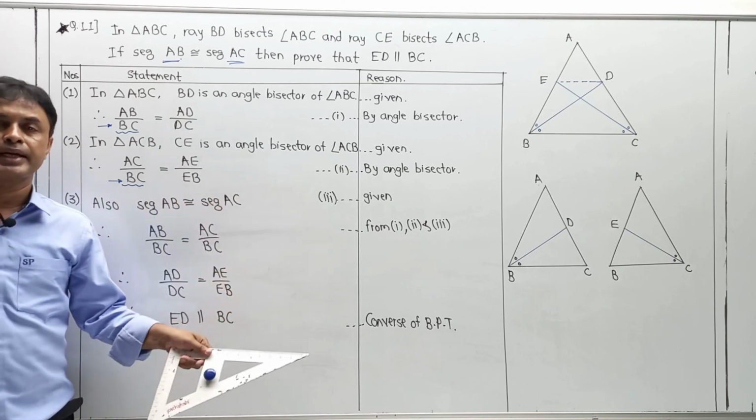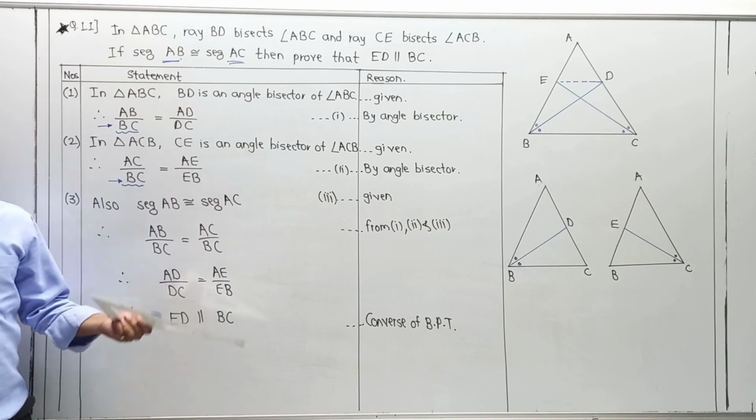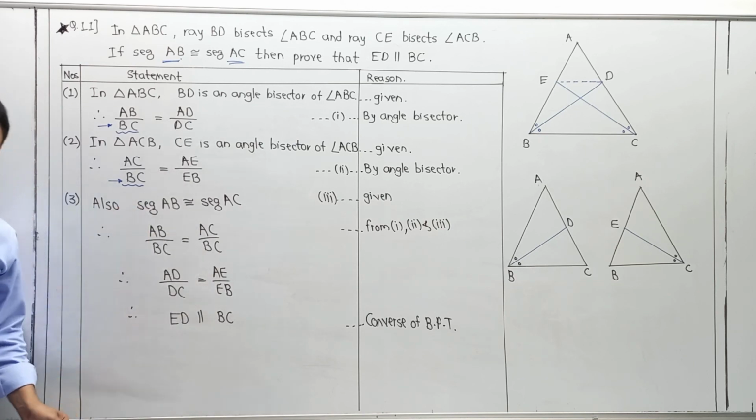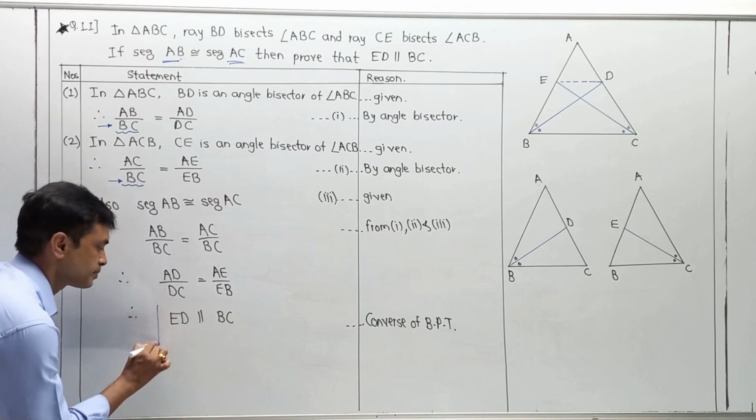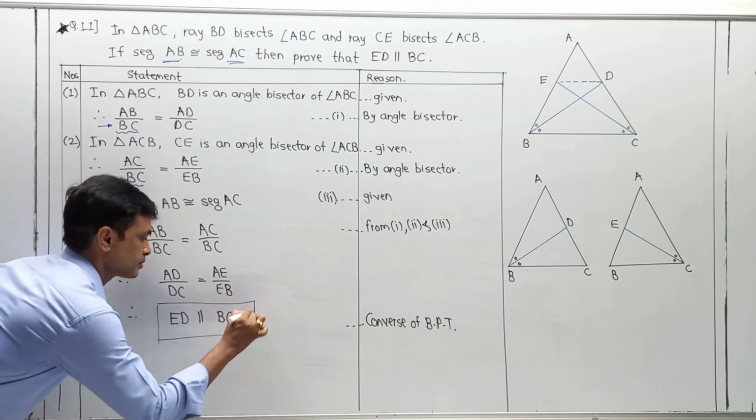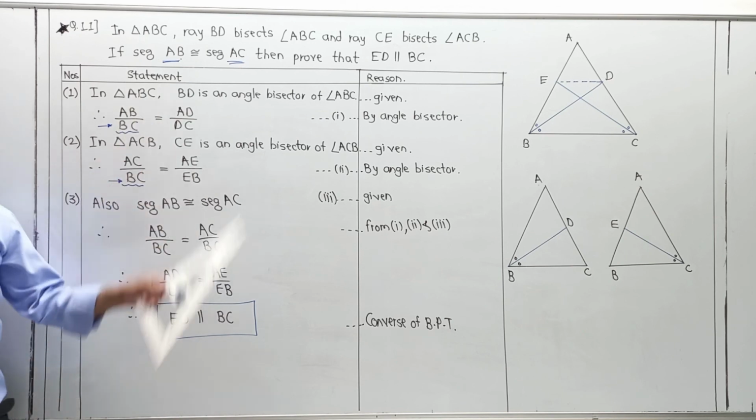So split the main diagram into sub-diagrams and write the answer perfectly step by step. You will reach the final part and this is your final answer. And in this way you can complete the numerical.